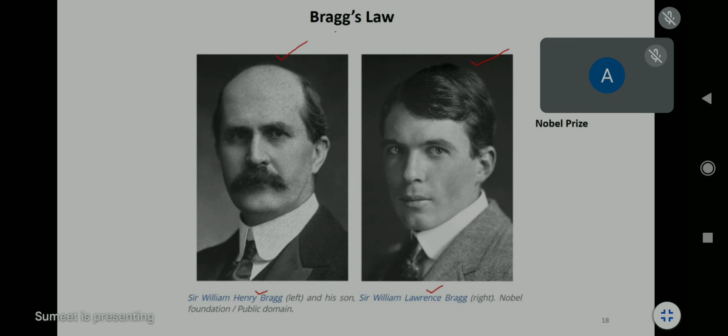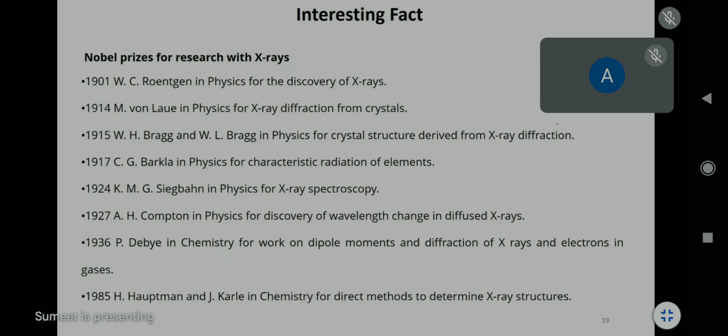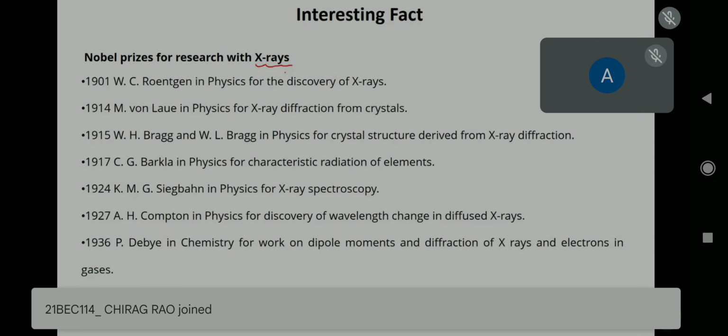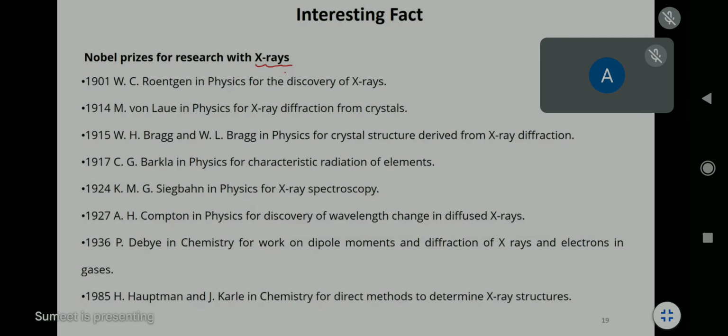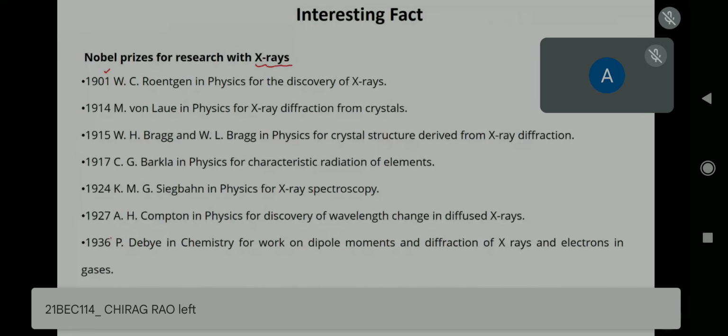They received the Nobel Prize for it. And there's a very interesting fact that on X-rays alone, Nobel Prizes have been given from 1901 to 1985. You can see this many Nobel Prizes related to X-rays have been awarded by the committee so far.